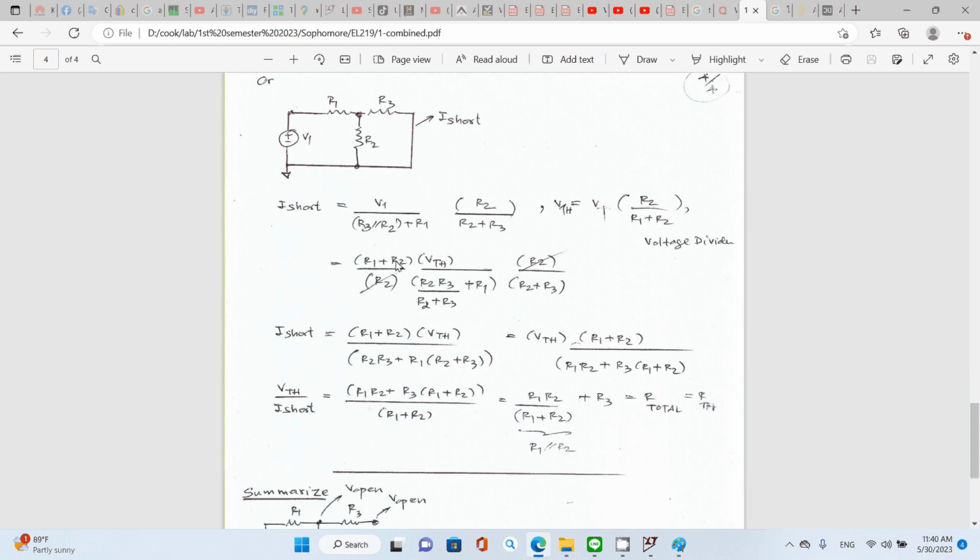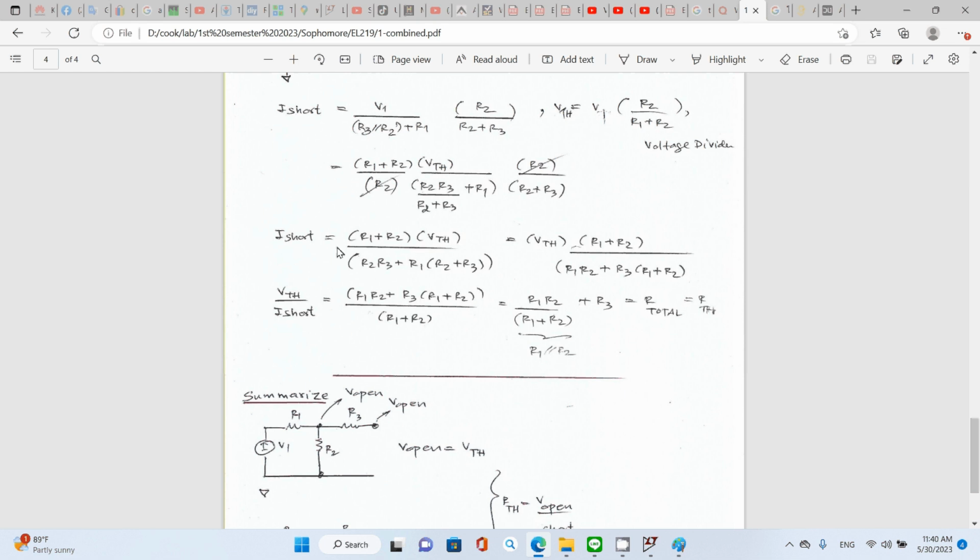So you have this, the whole term here, and you still divide by R3 in parallel with R2, in series with R1. So R3 in parallel with R2 equals R2 R3 divided by R2 plus R3. And you still have this term. R2 cancels out.